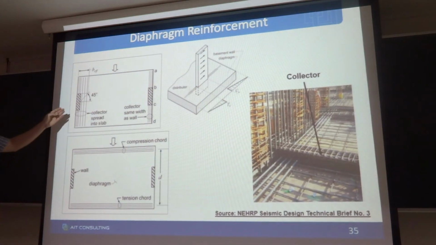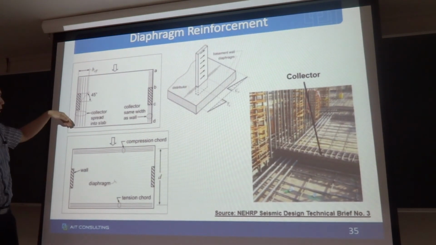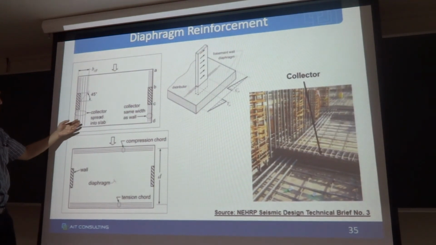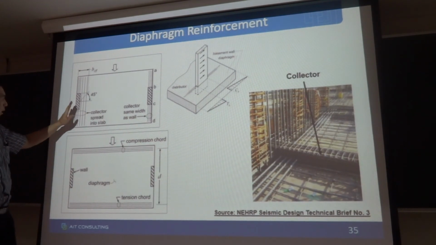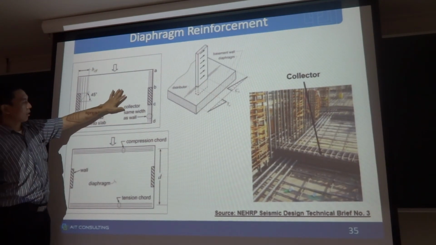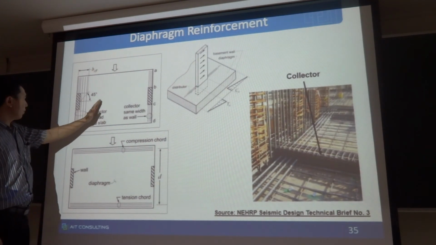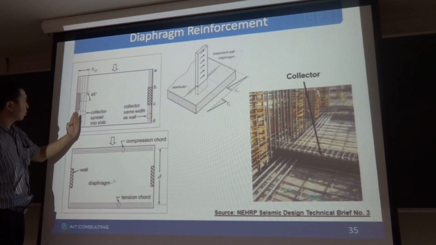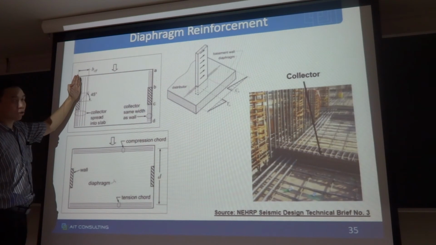So this is the reinforcement for the tension and compression. If we check the diaphragm at the tower level, the inertial force from the slab will be transferred to the lateral load resisting system, the shear wall, through this reinforcement.